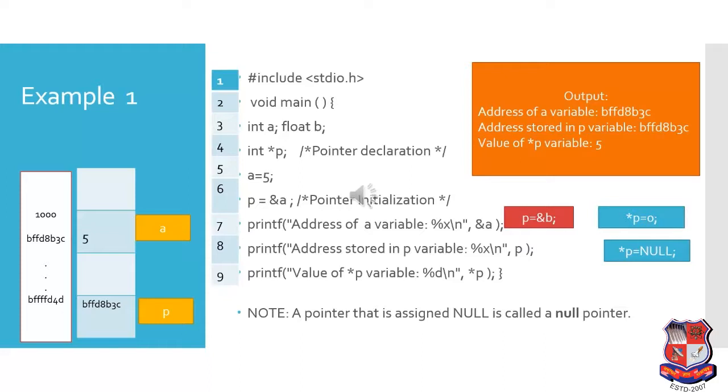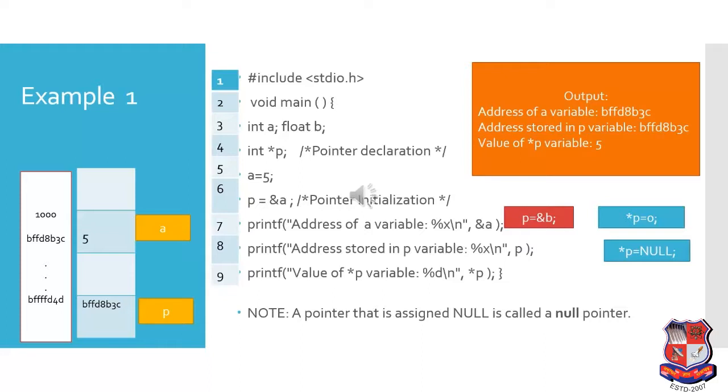Int *P at line 4. That means this P can hold the address where some integer is stored, and then we are trying to initialize it with the address of a float. B is of data type float. So it will show an error.